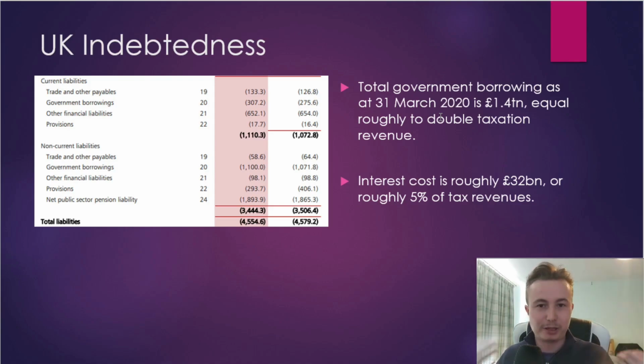So to give you some perspective as to what that means, in order to repay that debt that the government owes, we could pay all the taxes exactly as we do right now, and the government could spend not a penny for 2 years. We could have 2 years where there's no firemen, no police, no teachers, no NHS, and they spend nothing.